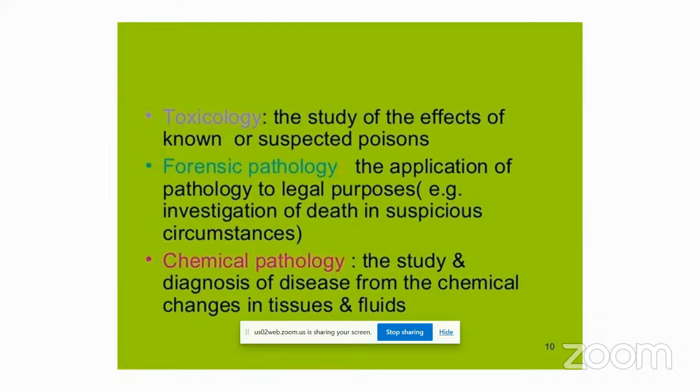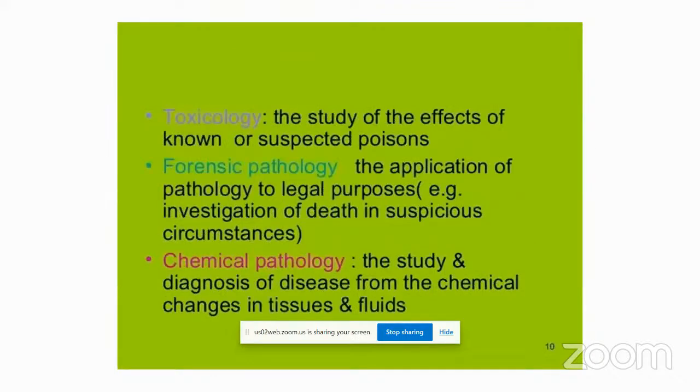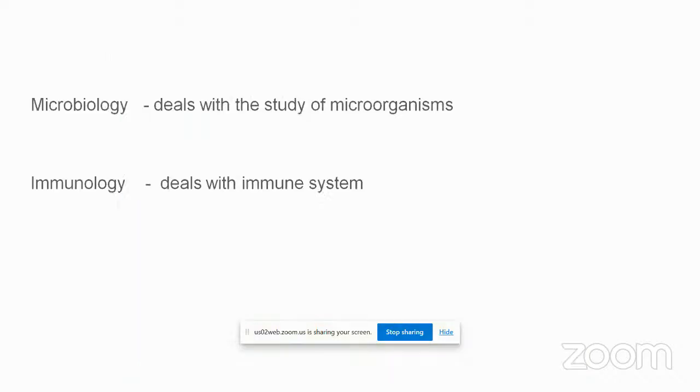Then the next subdivision is chemical pathology, the study and diagnosis of disease from the chemical changes in tissues and fluids. So we have learned histopathology, cytopathology, hematology, toxicology, forensic pathology, and chemical pathology. These are the subdivisions of pathology.